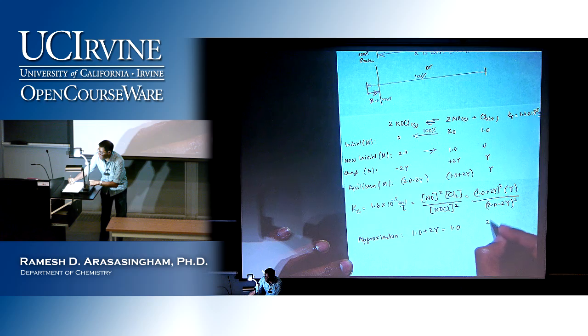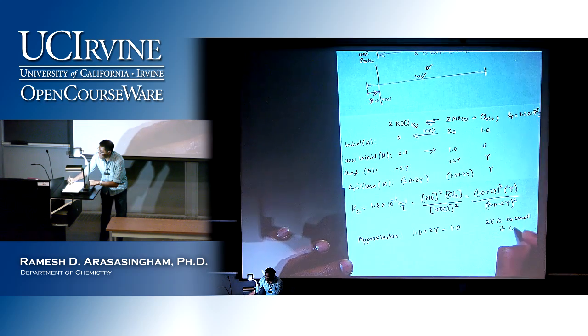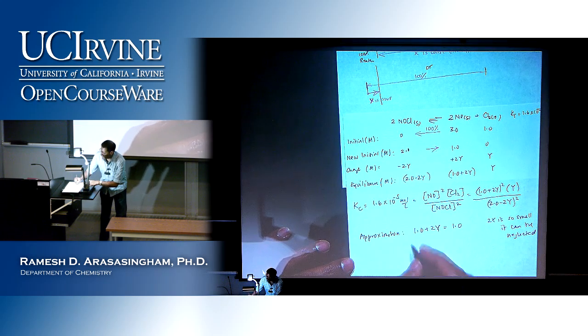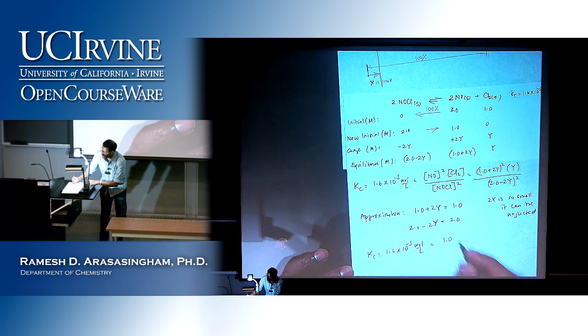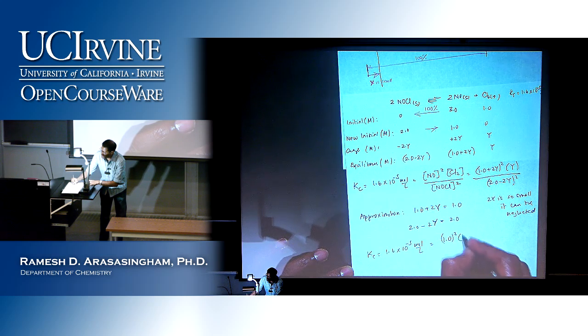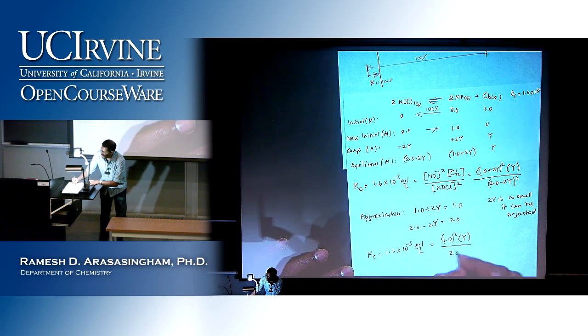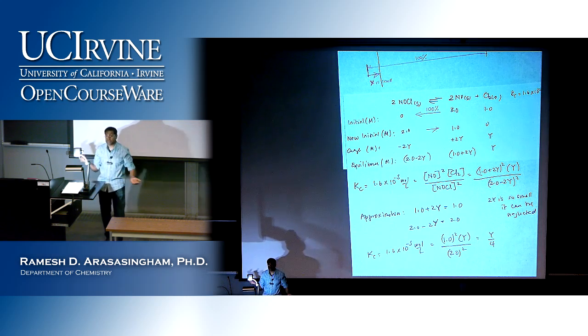In other words, 2y is so small it can be neglected. And 2 minus 2y will equal 2 as well. So now I can see that Kc equals 1.6 times 10 to the negative 5 moles per liter, which equals 1 squared times y divided by 2 squared, which is y over 4.